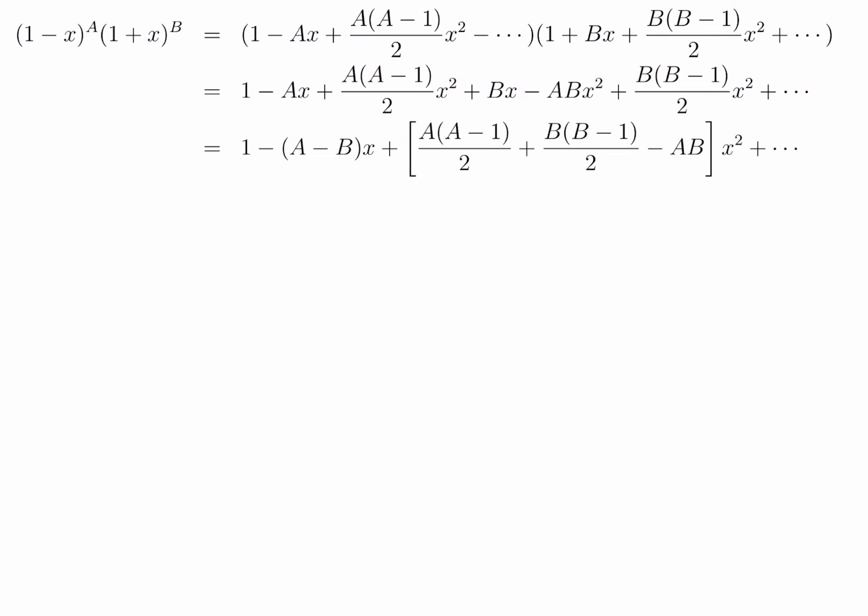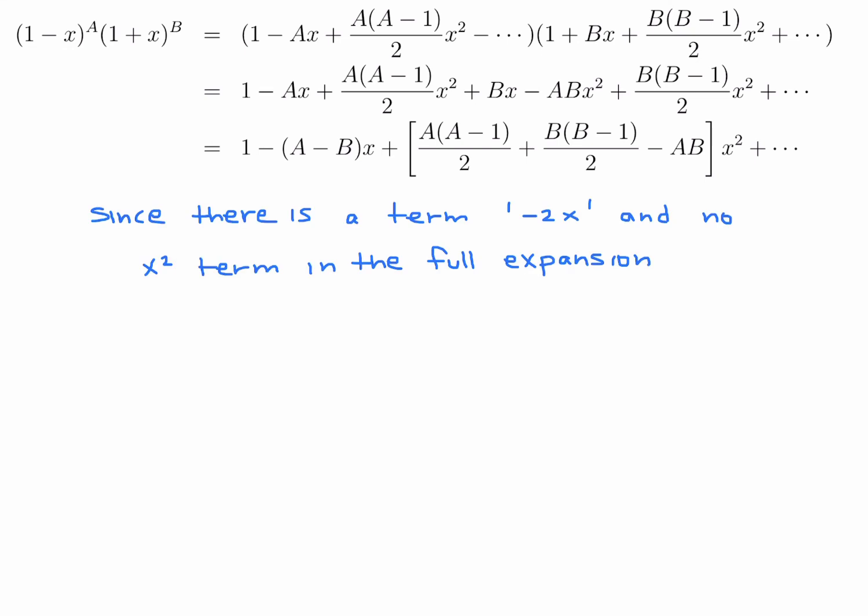Now, since there is a term minus 2x and no x squared term in the full expansion, what that basically means is that this is equivalent to minus 2x. So minus A minus B times x is equal to minus 2x. That means A minus B must be equal to 2.